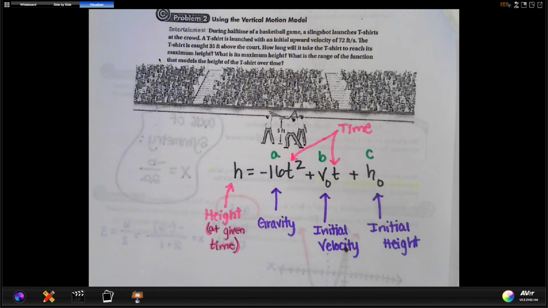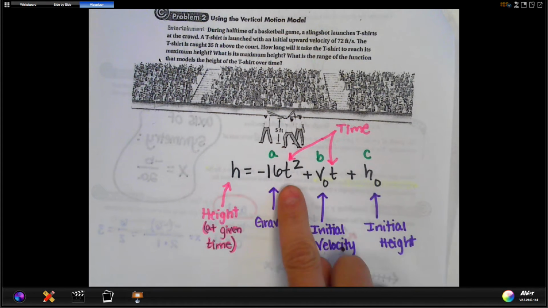The velocity of a projectile does not stay the same as it goes through the air, right? So, like if you were to shoot a t-shirt out of a t-shirt cannon, is the velocity more or less in the very beginning? More, right? The initial velocity is more, and then it slows down.